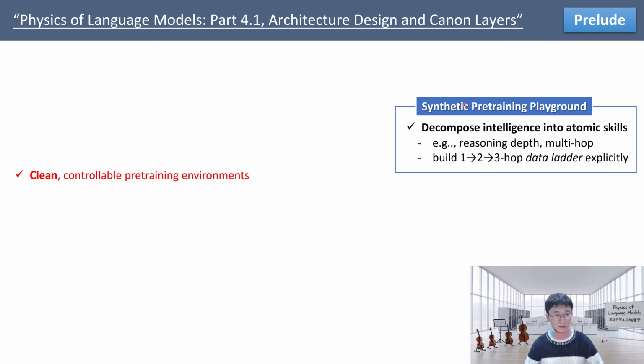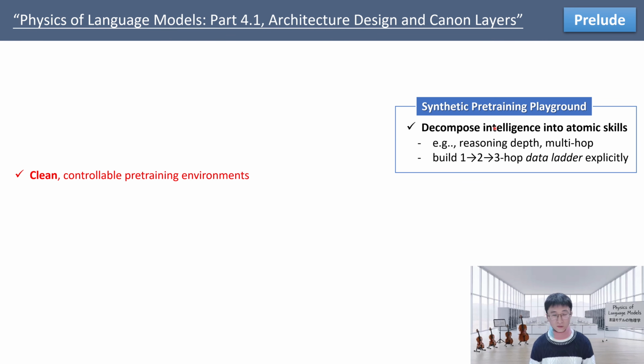There are at least 3 benefits of using a synthetic pre-training playground. Number one is that it's very clean. You can control the difficulty of the pre-training environments. You can even separate different skills into different data sets. You can design data that's rich in reasoning but not in knowledge, and another data set that's rich in knowledge but less in reasoning, and so on.